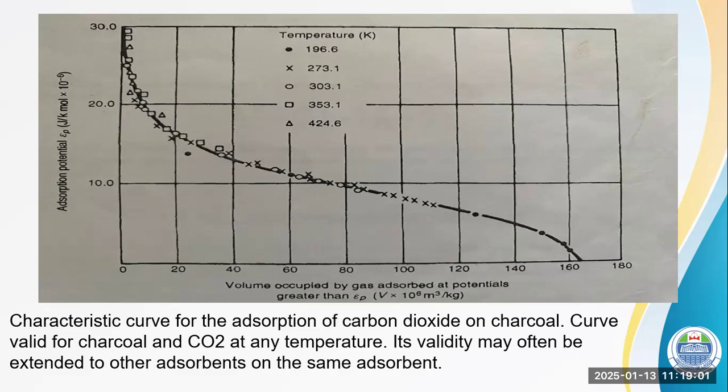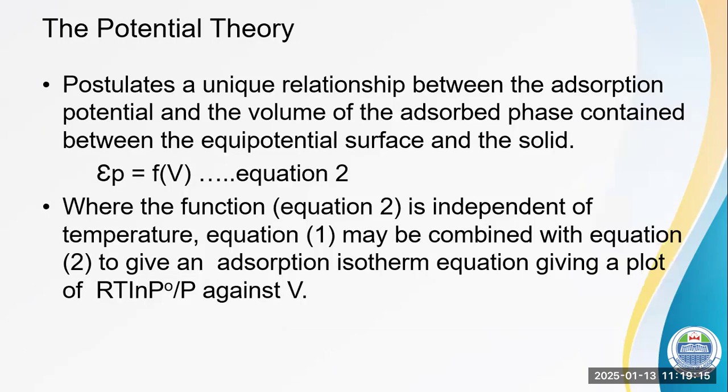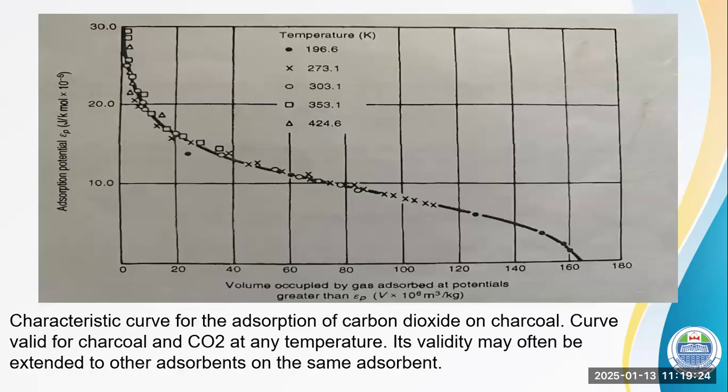So when you have the plot of V against RT ln P naught over P, don't forget that this is your epsilon P plotted against V. When you have it plotted against V, you have generated an isotherm profile.